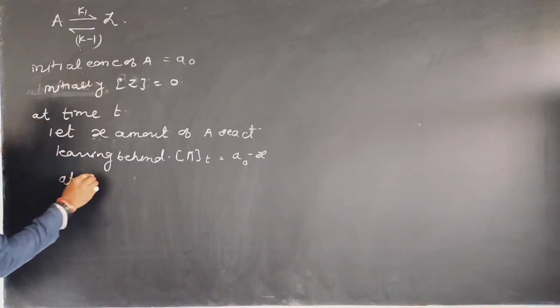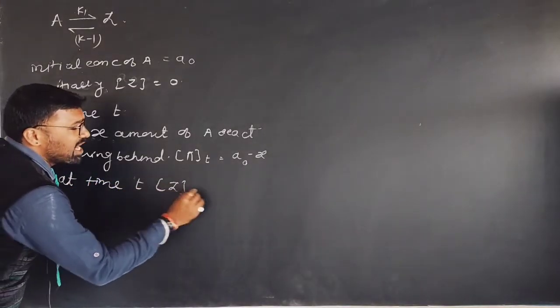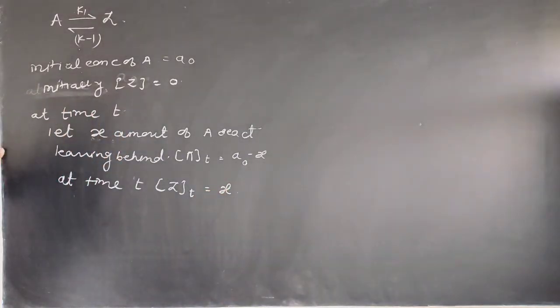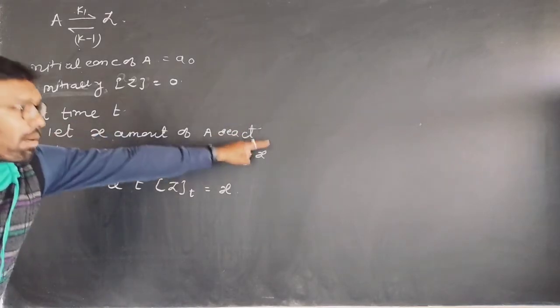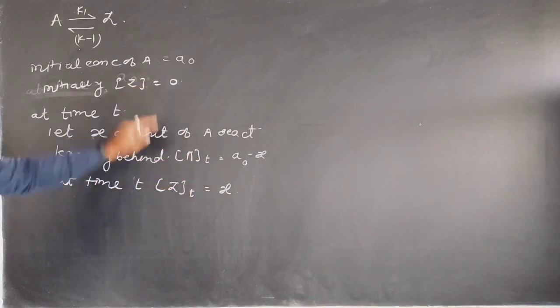At time t, the concentration of product Z is equal to x, because x amount of A reacts to form the product. So the product concentration at time t is equal to x.